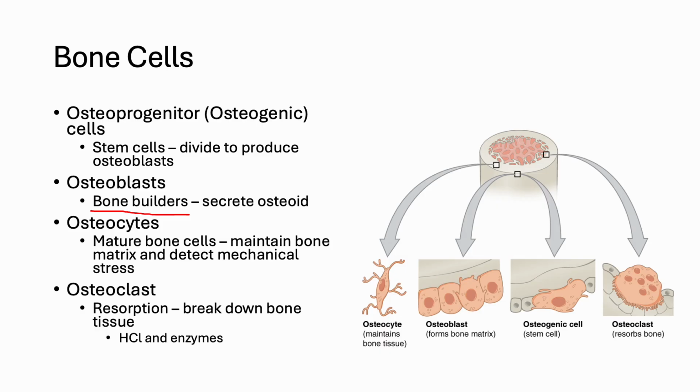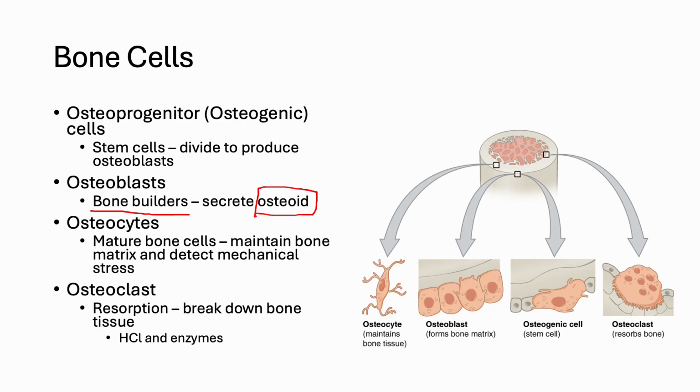They secrete specifically this organic matrix called osteoid that contains proteins, specifically collagen, and that's going to be the foundation for where the minerals can deposit in that matrix. Now we also have the osteocytes.